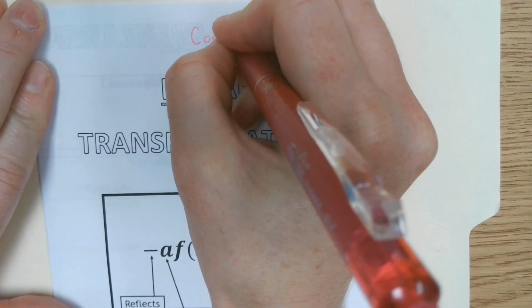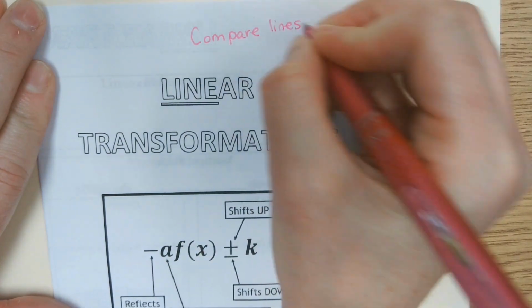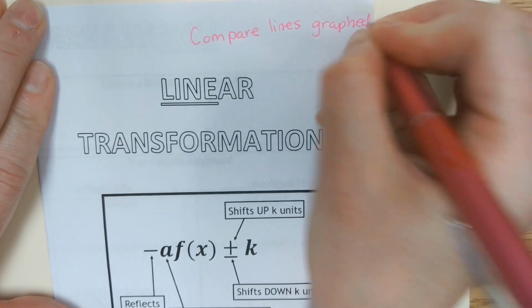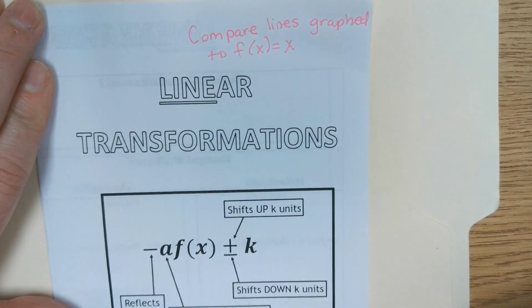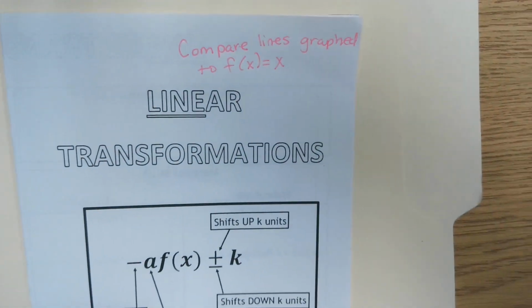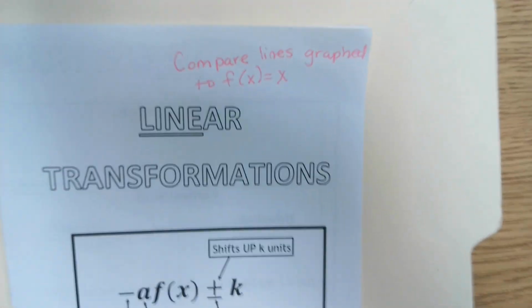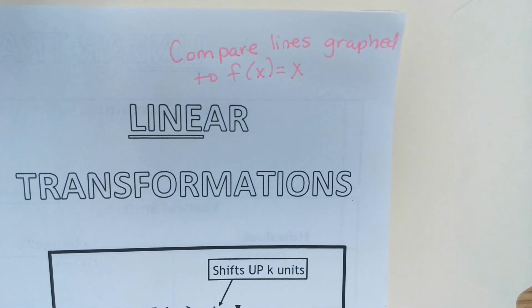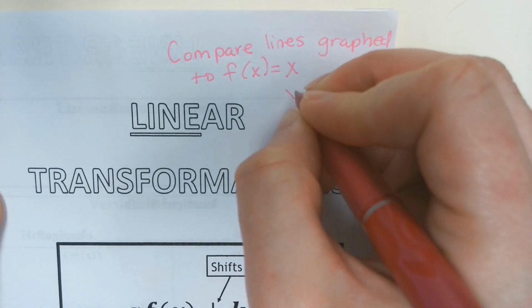Compare lines graphed to f of x equals x. F of x equals x is the same thing as saying y equals x.